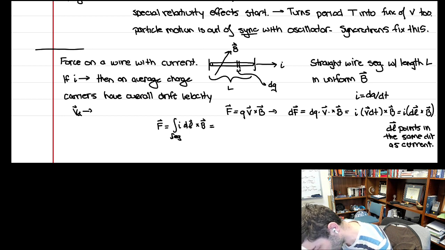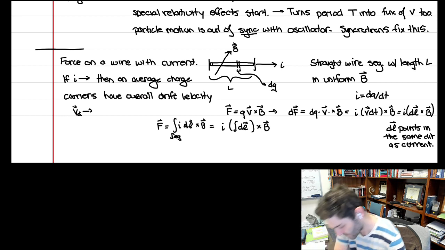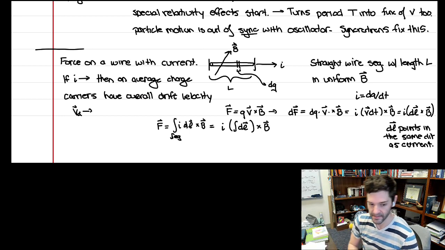But since order matters in the cross product, I'm not going to pull it out to the left, so I might write it as just I, then parenthesis, this integral, and then whatever the answer to that integral is, cross it with this constant magnetic field.